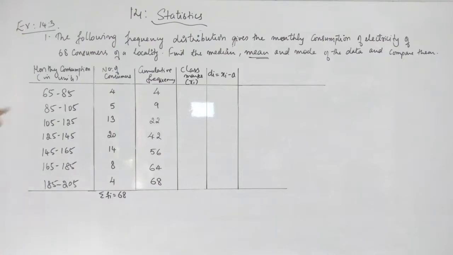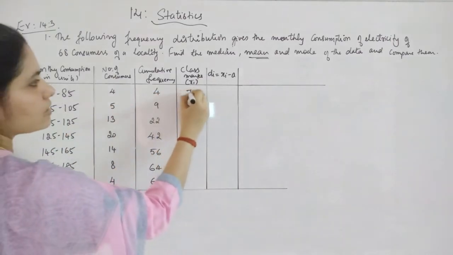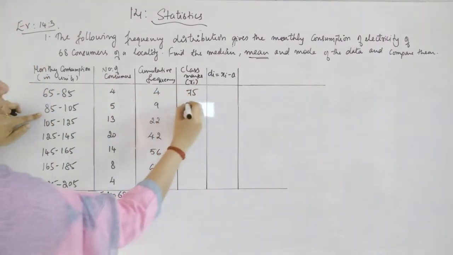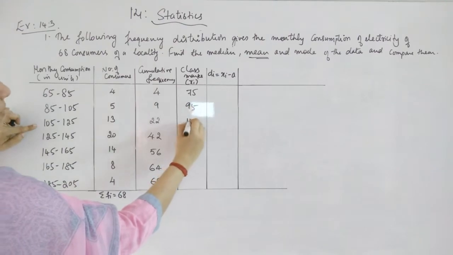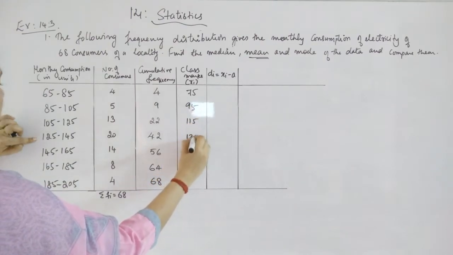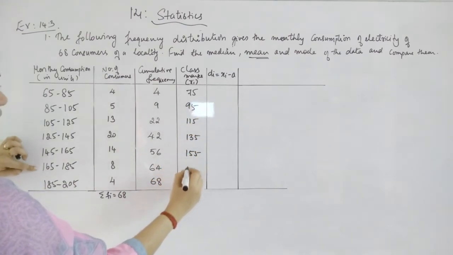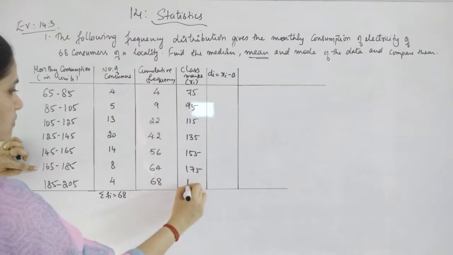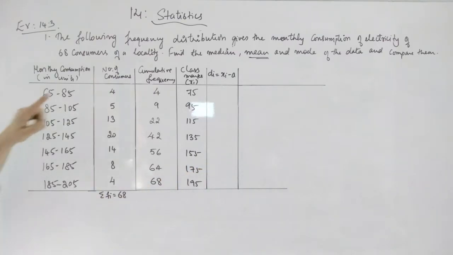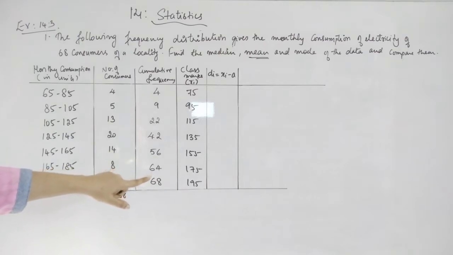Now what will the class marks be? Between 65 and 85 the middle value is 75, then 95, 115, 135, 155, 175 and 195. These are your class marks. Now you have to select one of the values of xi as the assumed mean.